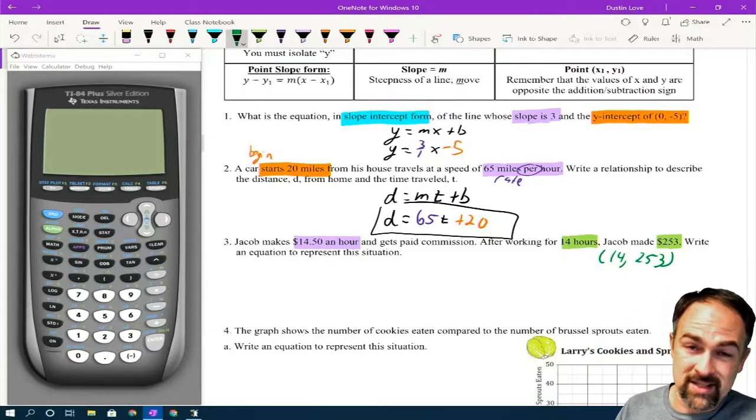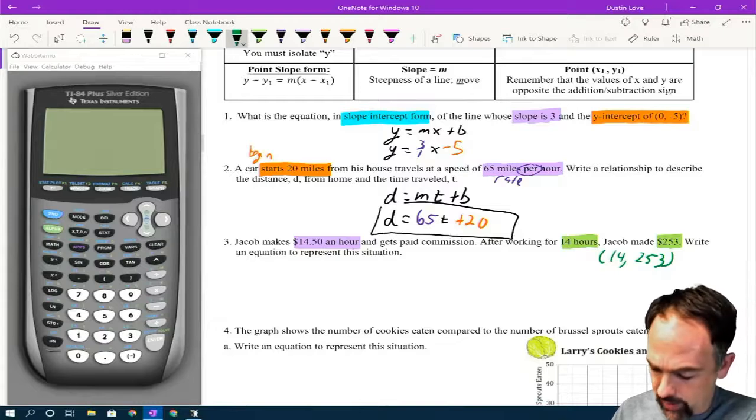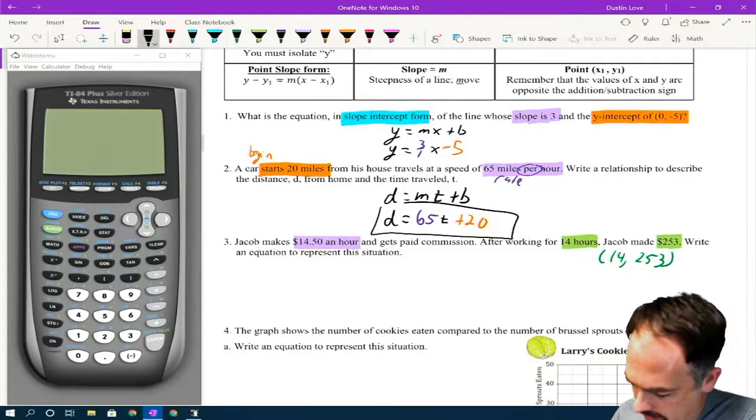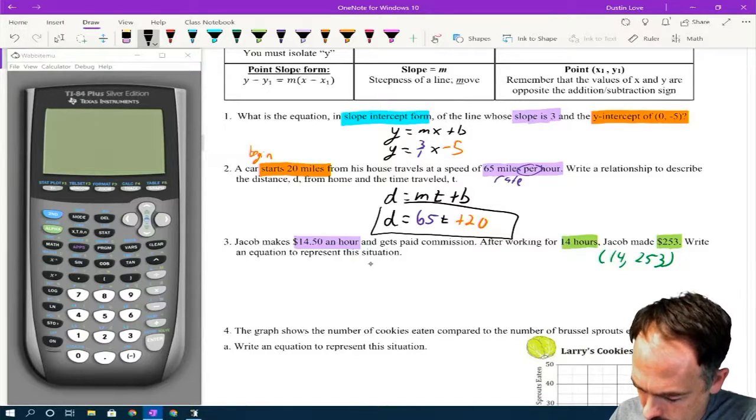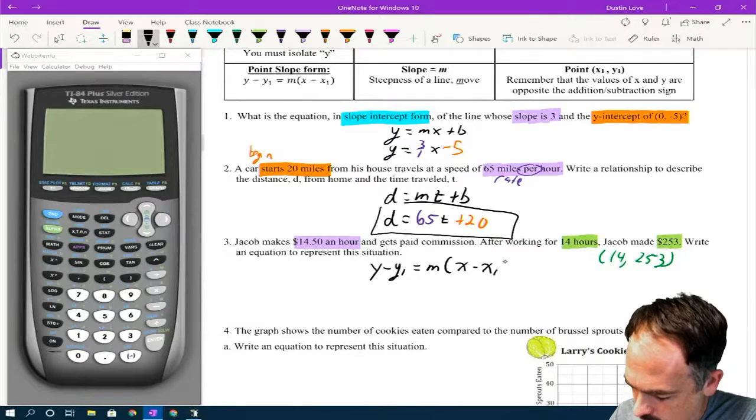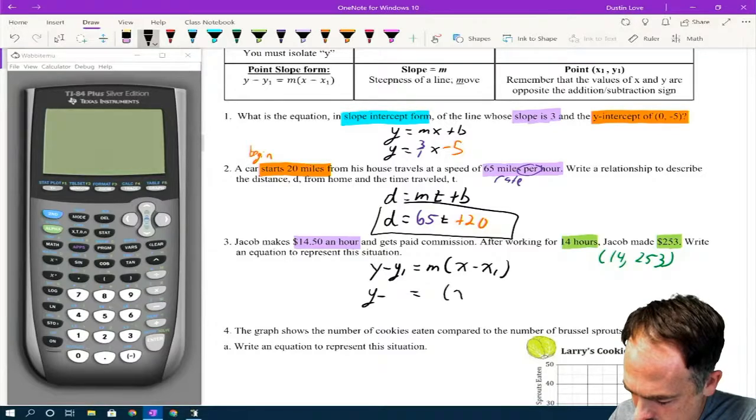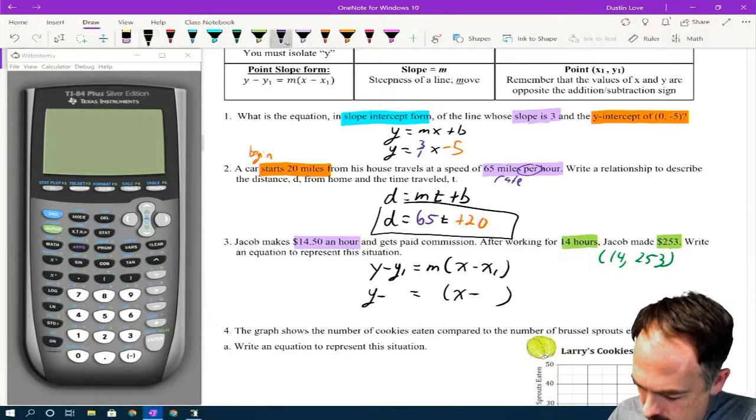That means this is actually going to be a point slope scenario, because here's my point in green, and then I've got my slope over there in purple. So we've got y - y1 = m(x - x1). I'm going to write y minus equals x minus. And now let's go ahead and put our slope in.